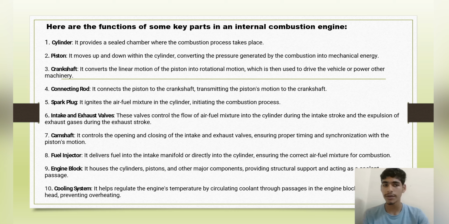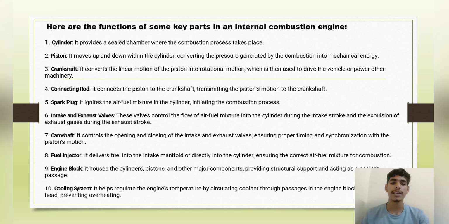We can highlight this point: the piston's main work is to convert the pressure generated by the combustion into mechanical energy. Then the crankshaft. It converts the linear motion of the piston into rotational motion, which is used to drive the vehicle or power other machinery. The crankshaft is connected with the piston by the connecting rod, as we see in the diagram. The connecting rod connects the piston to the crankshaft, transmitting the piston motion to the crankshaft.